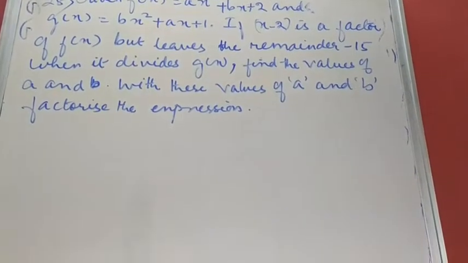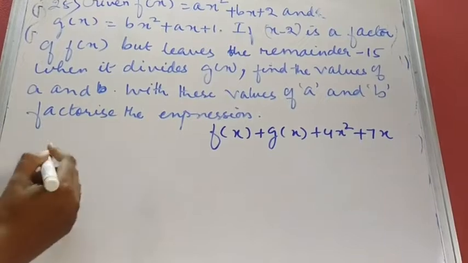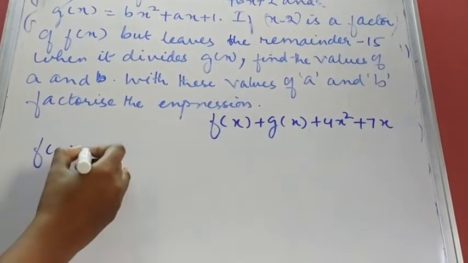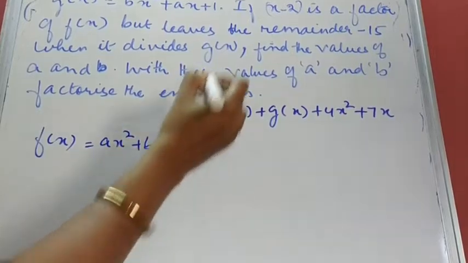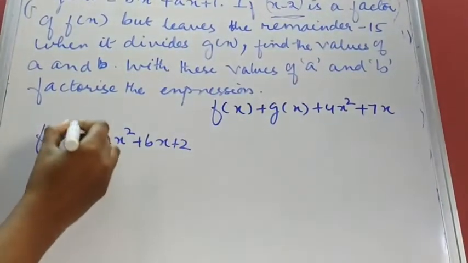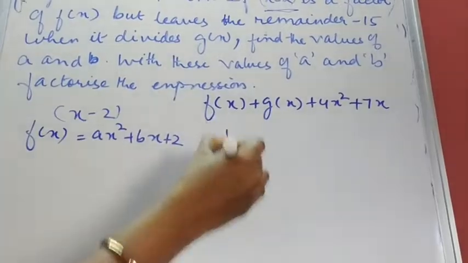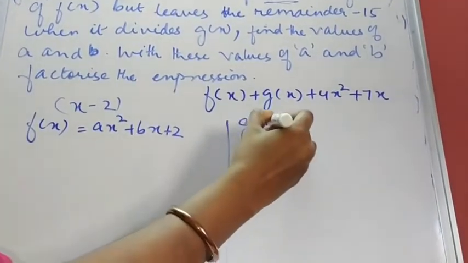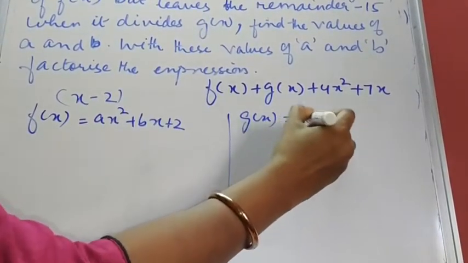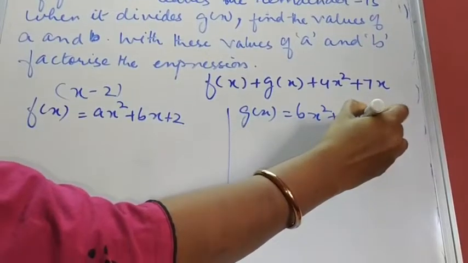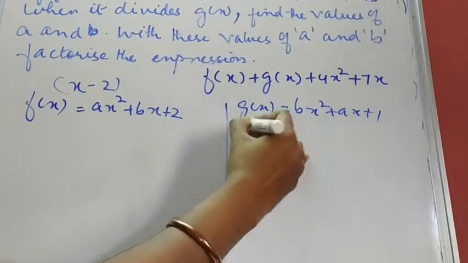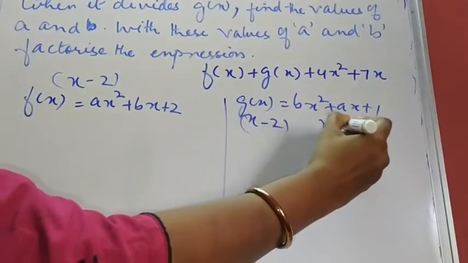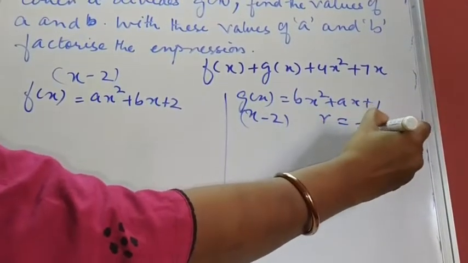So, shall we start? Here, f of x is the polynomial ax square plus bx plus 2. x minus 2 is the factor of f of x. But when we take the second polynomial g of x, which is bx square plus ax plus 1, when x minus 2 divides g of x, it leaves a remainder of minus 15.